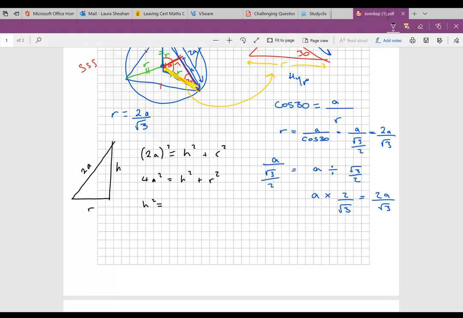H squared is equal to 4A squared minus r squared. H is equal to root 4A squared minus r squared.